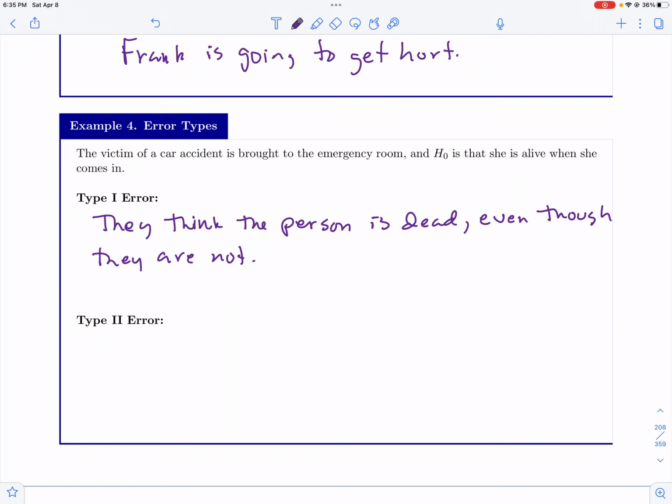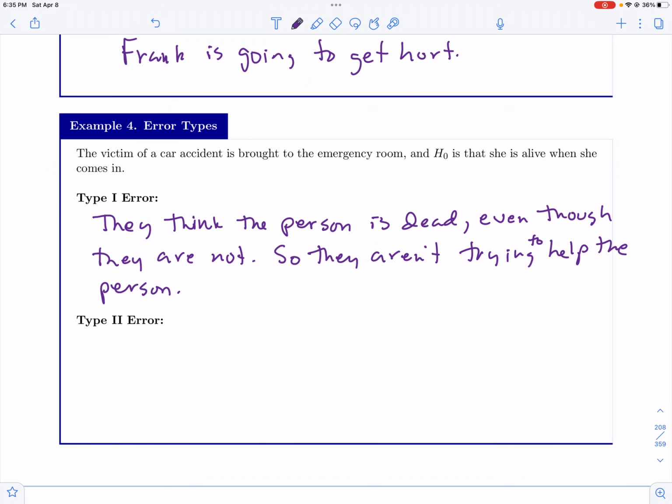So they're not performing any life-saving measures or anything like that, because they think the person is dead. So they aren't trying to help the person. This is kind of a terrible situation, because without any kind of medical treatment, the person might actually end up dying, where in this case they actually were alive and they just didn't do anything about it to help them, which is kind of unfortunate.